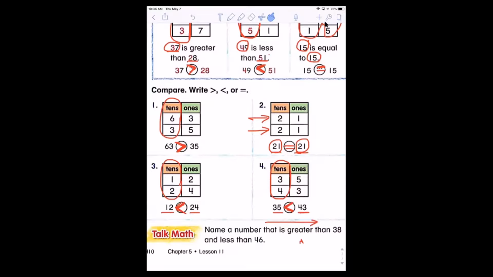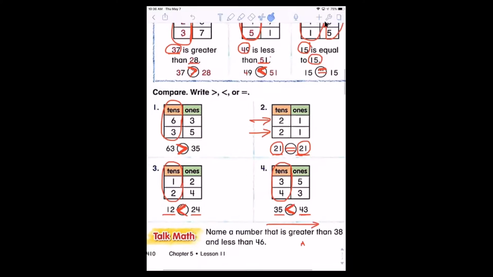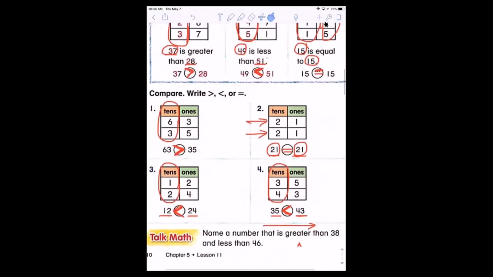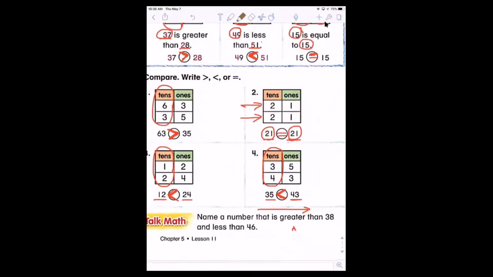40. Okay, we have 38 here. And we have all these numbers to get to 46. And Justin is saying 40. So yes, is 40 between 38 and 46? Yes. Okay. Which other numbers could be between 38 and 46?